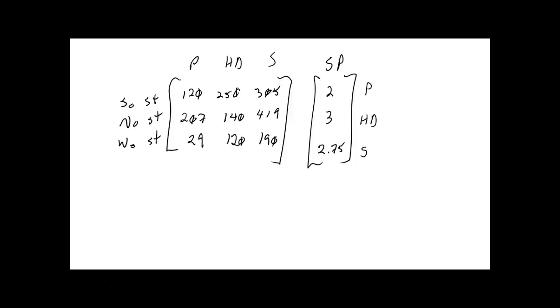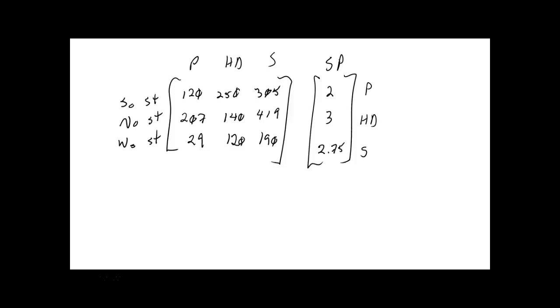Now, if you're trying to figure out how much money you made per location, that's what you can do. In the south stands, you multiply 120 bags of peanuts by $2 each, 250 hot dogs by $3 each, 305 sodas by $2.75 each, and that gives you the money you made from the south stand. Add them up and you get the total.